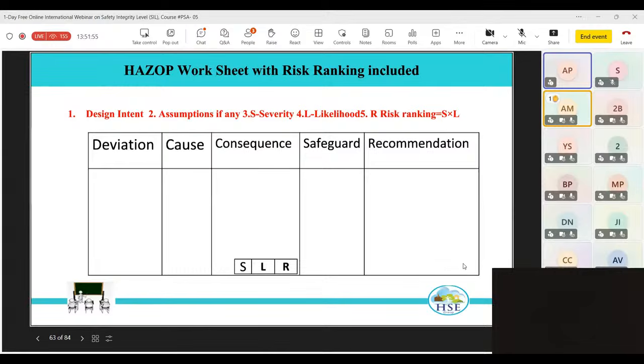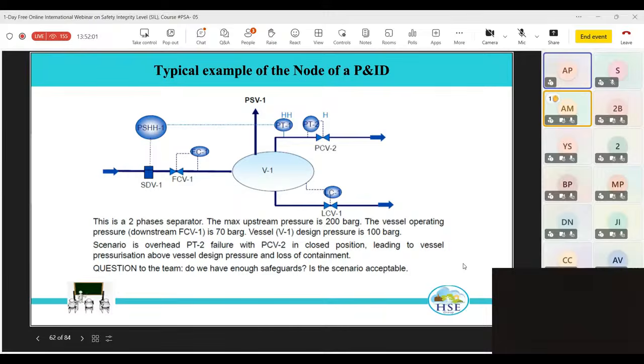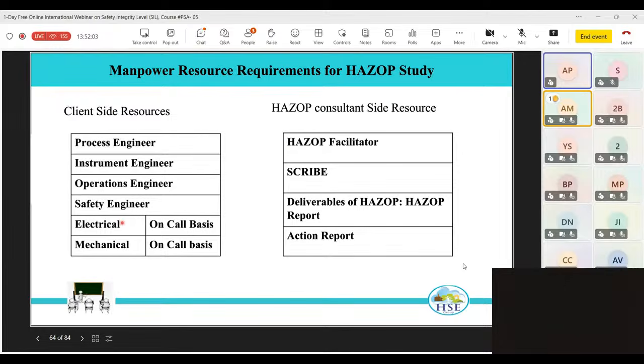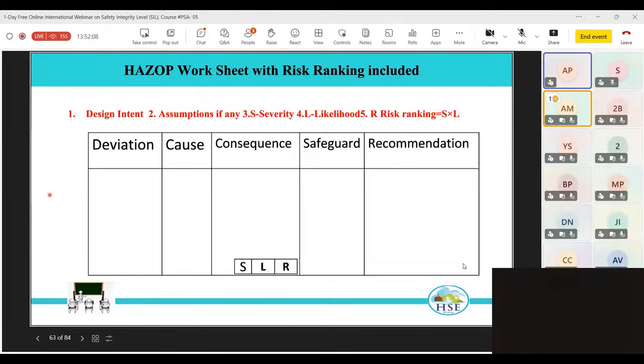In our case, there is a very small node. So we will just study one particular deviation, and then we will see what is the cause, what is the consequence, and these consequences we will rate. We have studied the risk matrix. So that risk matrix we will use, and the team will rate the consequence.